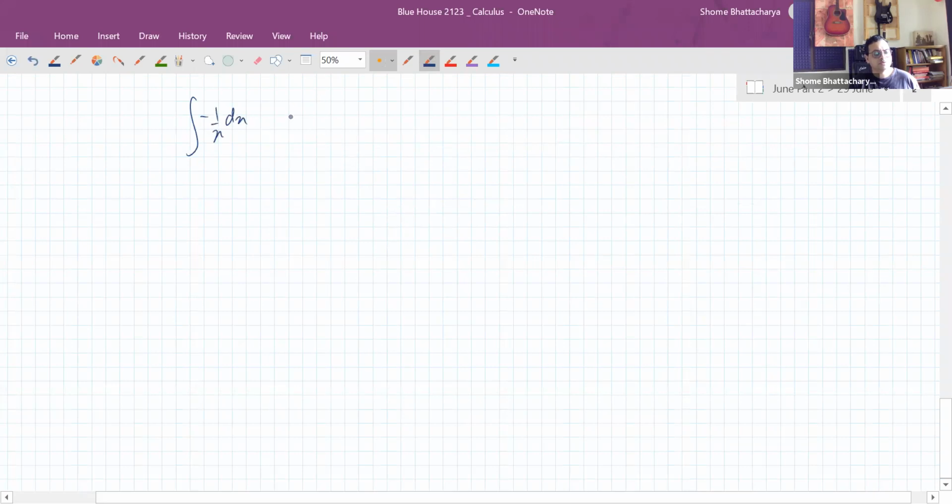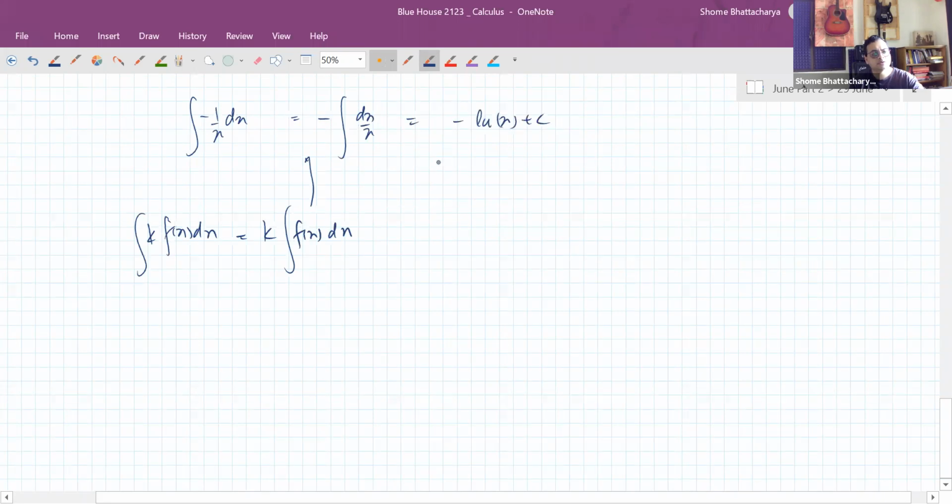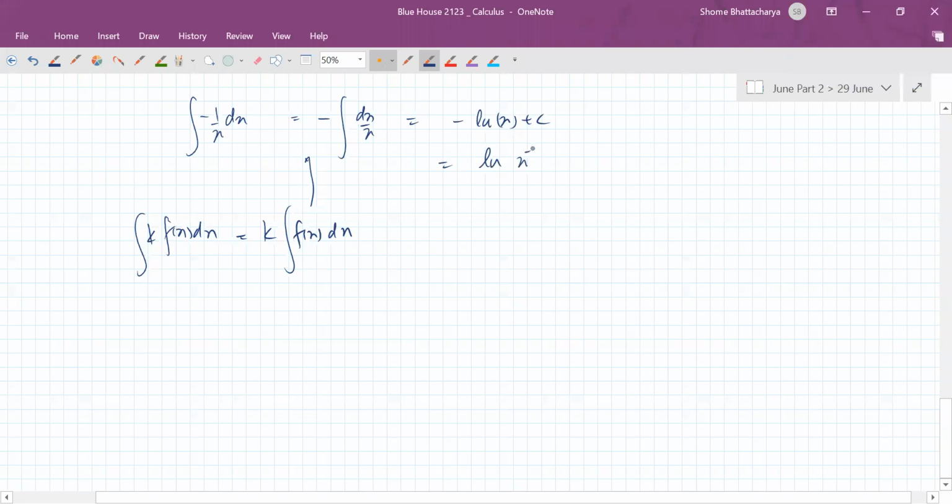Here we use the property of integration, that integration of a constant into a function is equal to constant times integration of the function. So we take the -1 outside. So it becomes minus of ln x plus c. That is the same thing as ln of x to the power -1 plus c, using the property of log.